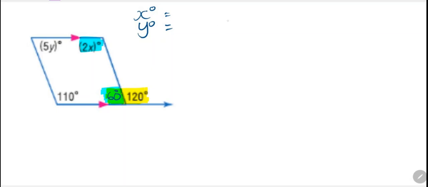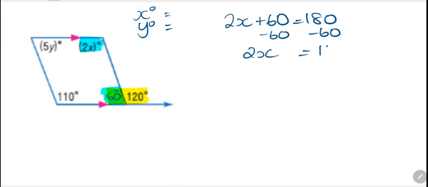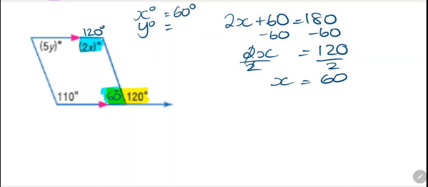So we know that 2x plus 60 is 180. So if you minus 60 from both sides, 2x is 120, and divide both sides by 2, x is 60. So 2 times 60 would be 120, and 120 and 60 is 180. So that is correct.